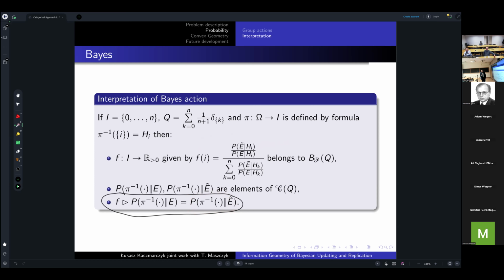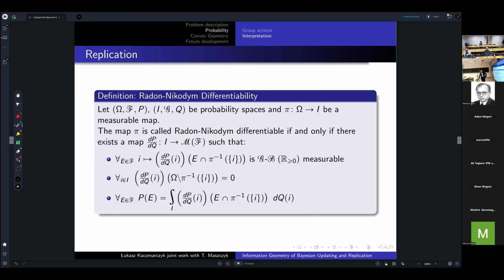That's why we call the action of BP the Bayesian action on the simplex of probability measures.